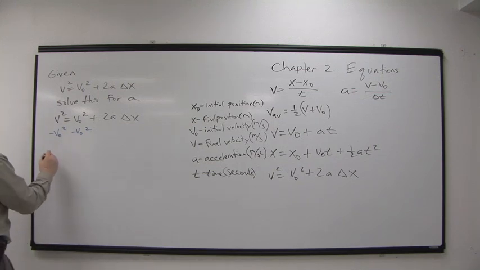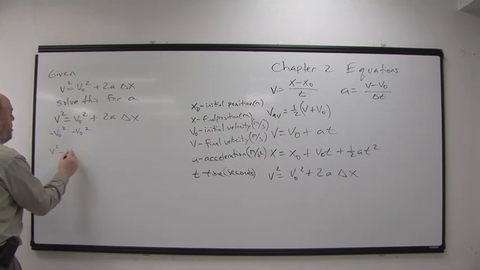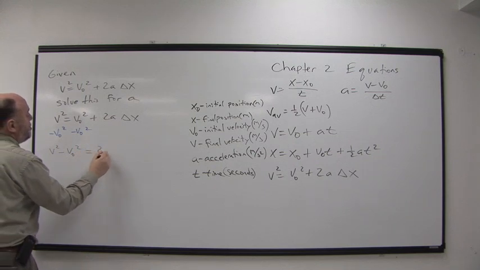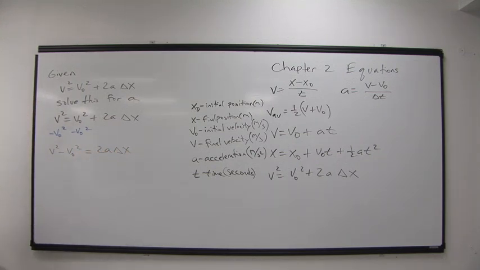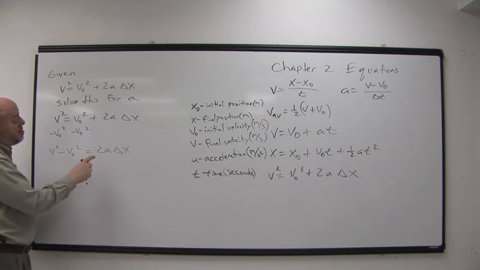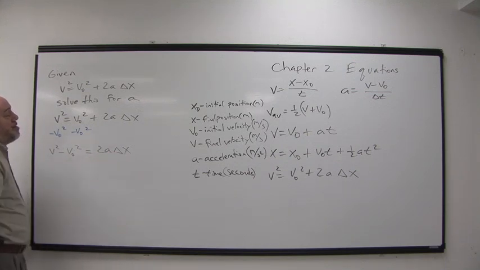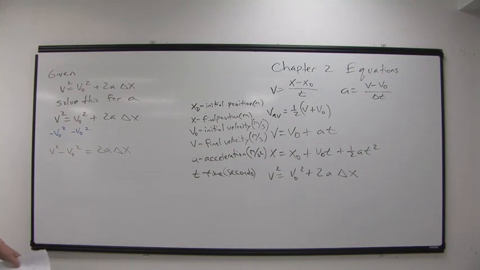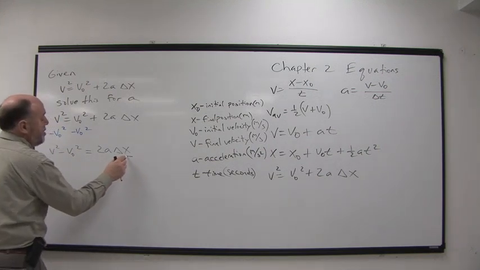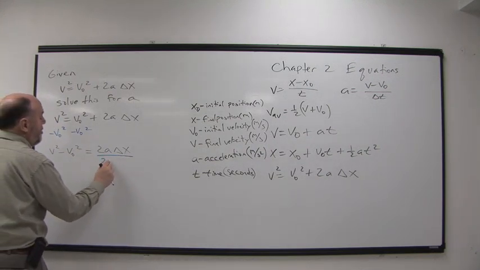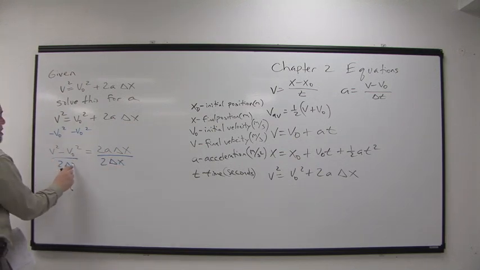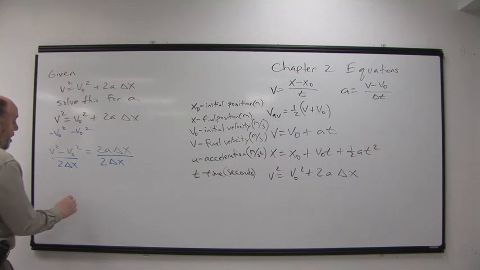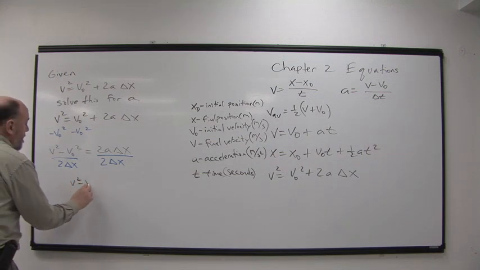And so we get that v squared minus v naught squared is equal to 2a delta x. Well, 2a delta x means 2 times a times delta x. The opposite of multiplying is to divide, and so we divide by 2 delta x. And so we get that a will be given by this.